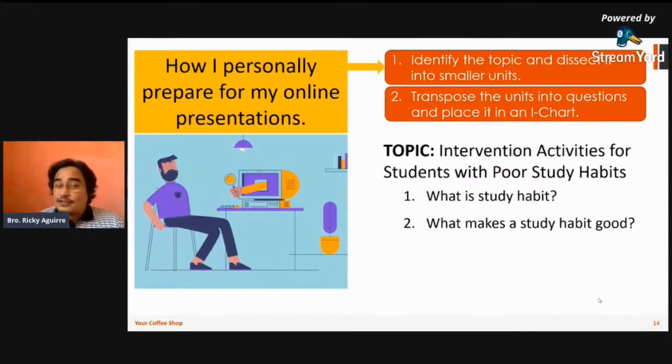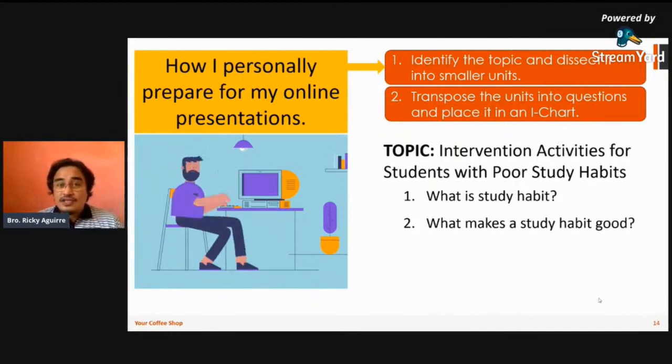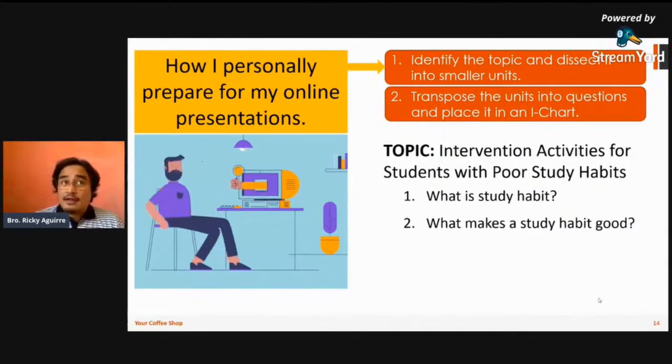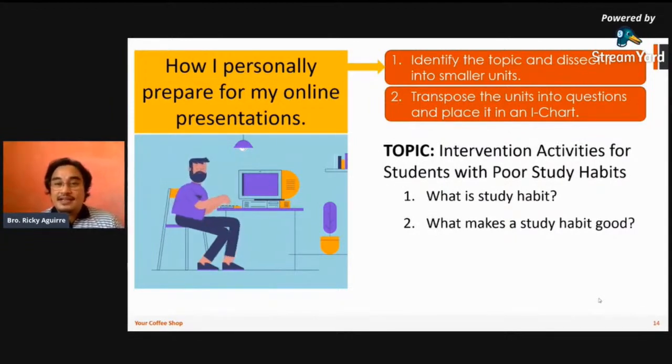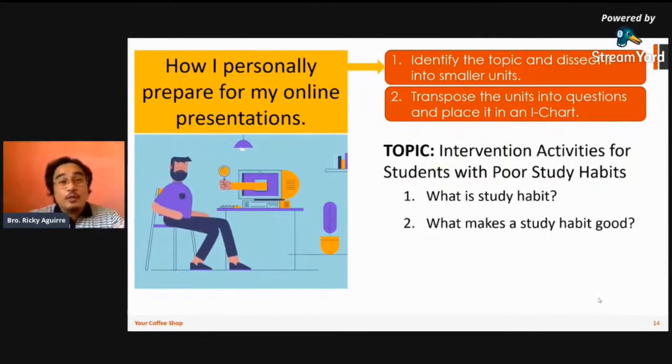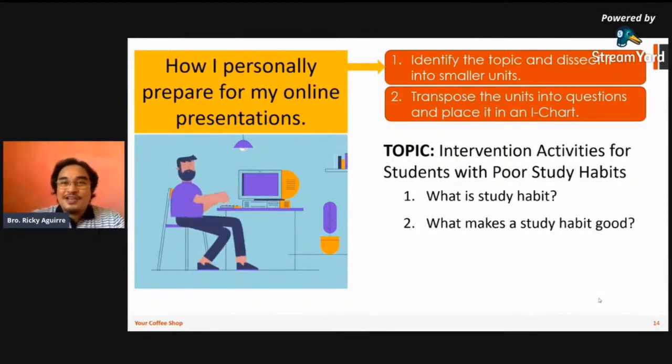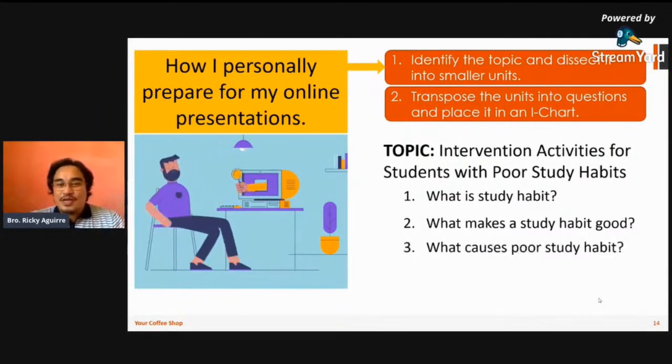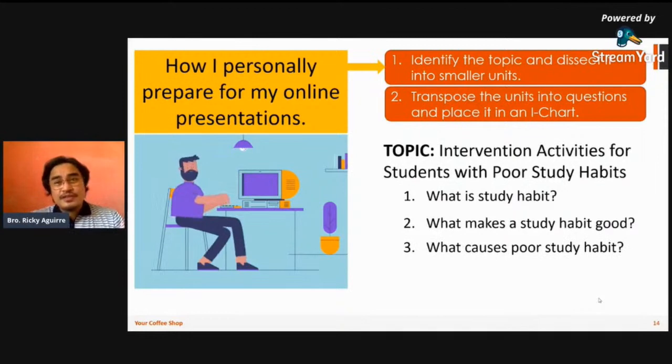I need to know what factors contribute to a student's practice, or our habit of studying, being good. These are the things that I need to answer, and therefore I need to look for information so that when I present it, I have substantial information to present to you out there. Next would be what causes poor study habits.